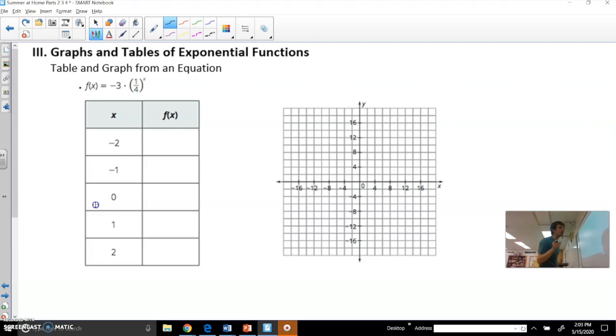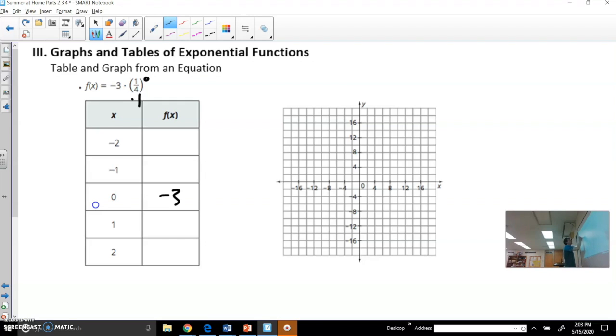So I want to start by looking at my function and recognizing that this is using that second style, where this value right here isn't the first number. This is your y-intercept, this -3 value. This represents what's going to happen when you plug in 0. For example, if I was to plug in 0, we talked about with the power rules, 1/4 to the 0 power would have been 1.